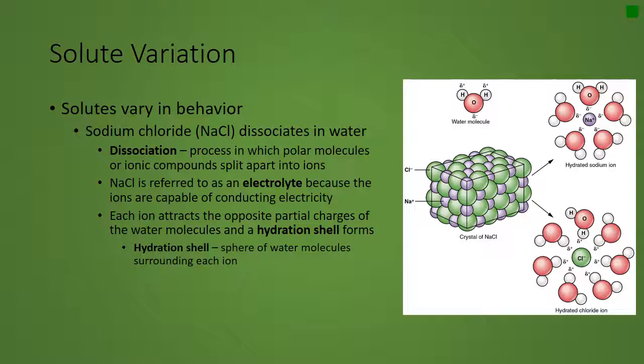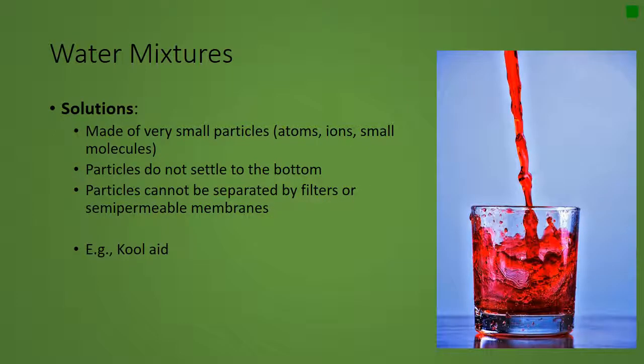Just so you know, when these ions are separated from one another and the waters surround them in this spherical arrangement, this is called the hydration shell. It is simply a sphere of water molecules that surround each ion and are attracted to each ion. So again, to recap, a solution is made of very small particles.